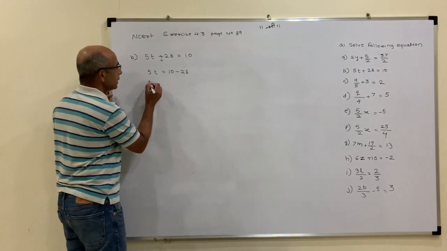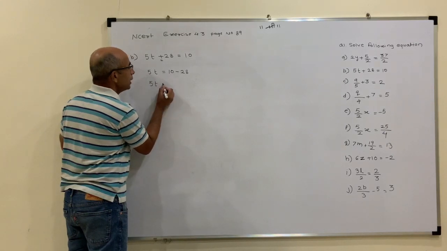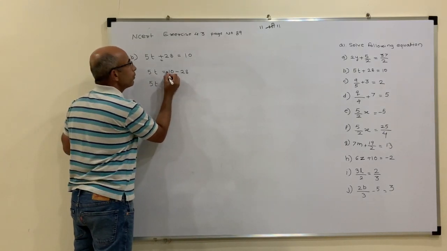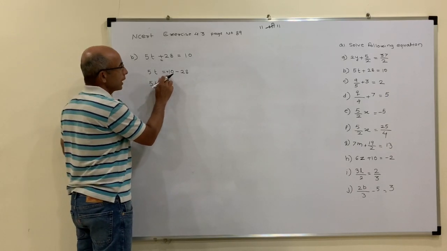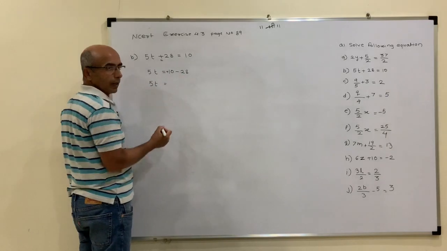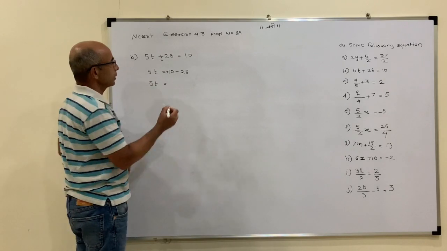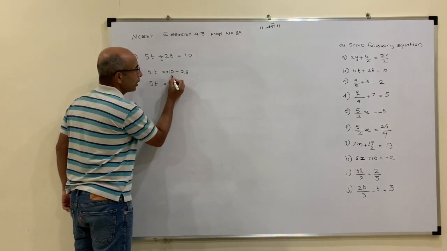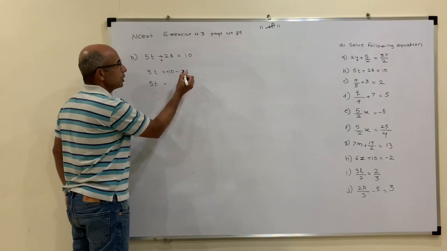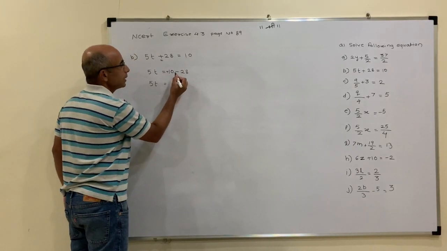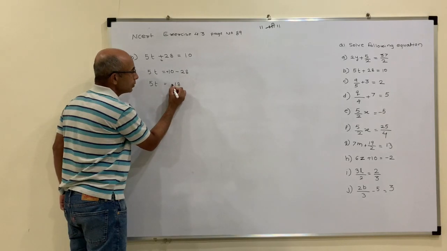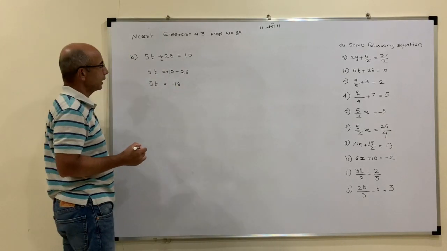So now my next step will be 5t equals, now the 10 has no sign, that means it's a positive sign. So the signs are different. We will be doing a subtraction. We will be subtracting the smaller number from the larger number. So 28 minus 10 comes out to be 18, and the sign of the larger number, so negative. So minus 18.